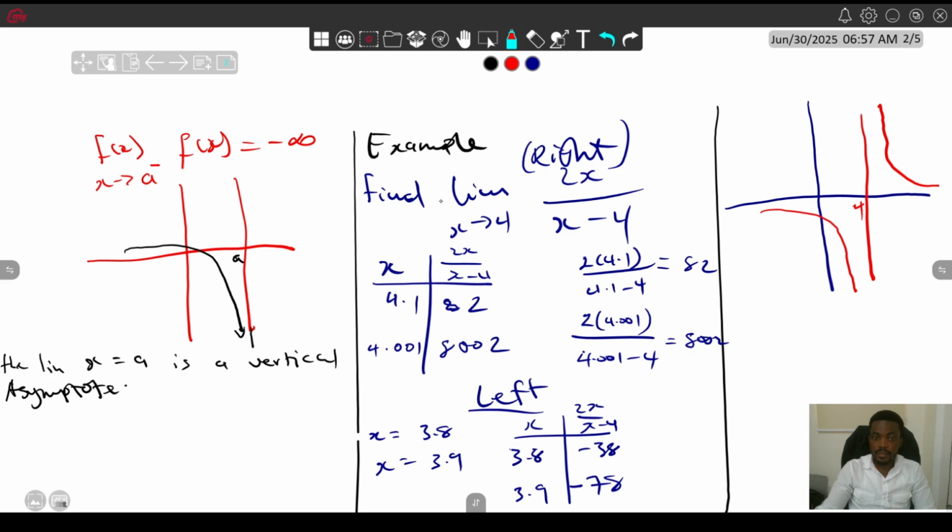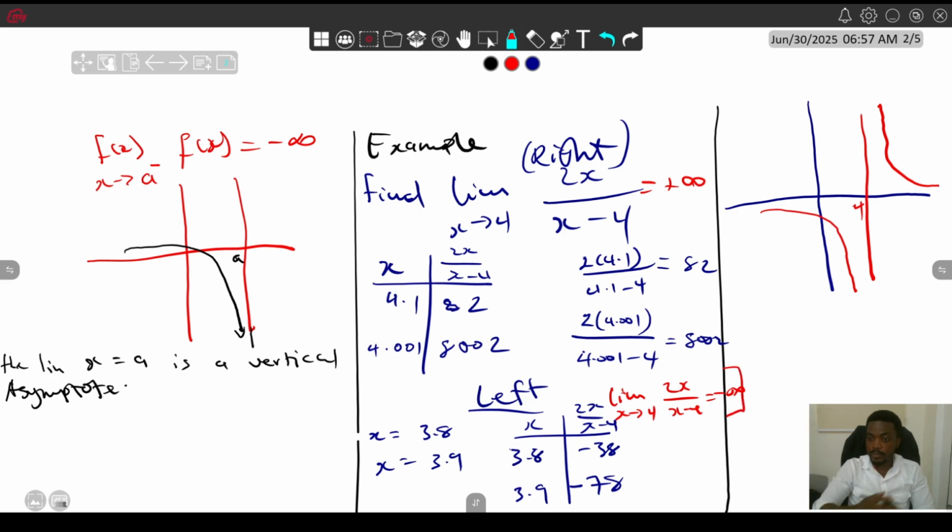That is to say that from the right, we had the limit approaching positive infinity, and from the left, the limit as x approaches 4 of 2x over x minus 4 is negative infinity.